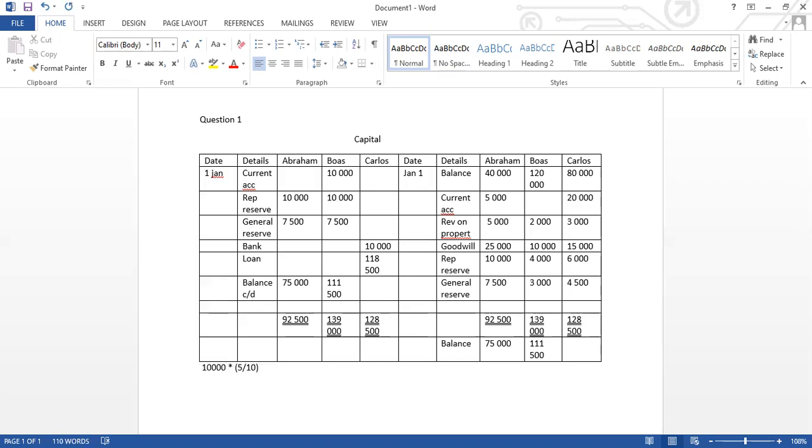You are required to prepare your bank account, your capital account, your realization account, and your Gentle Ltd account, because they actually sold their partnership to Gentle Ltd.